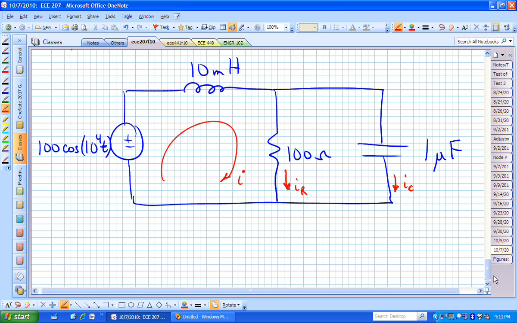But that's now a circuit in the time domain, isn't it? We have a source that's oscillating. What's the frequency of oscillation? That's omega, isn't it? It's in radians per second. And that's 10,000 radians per second.